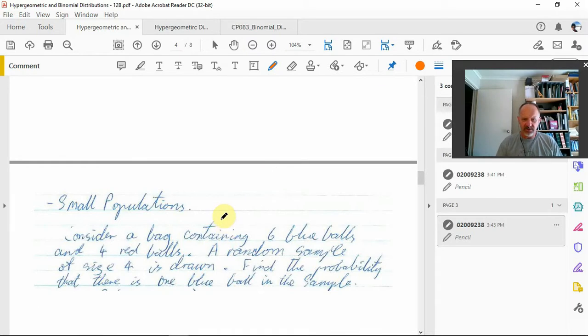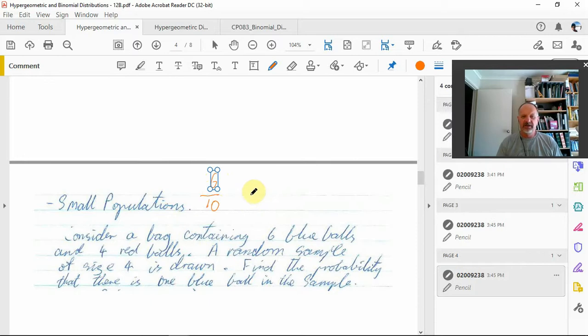So with small samples, so we're talking about blue balls here. If I draw initially, there's 6 blue out of the 10. And if I take one out and it's blue, then 6/10 is okay. So if I've taken one, then I now have only 9 balls left.